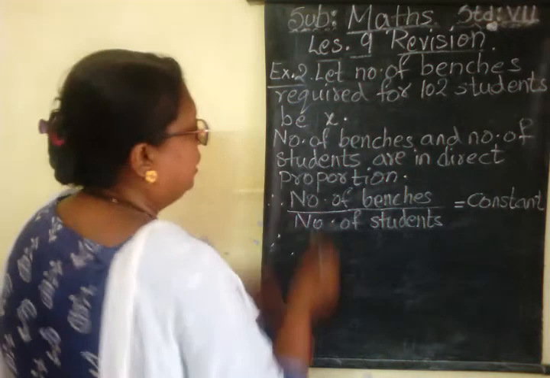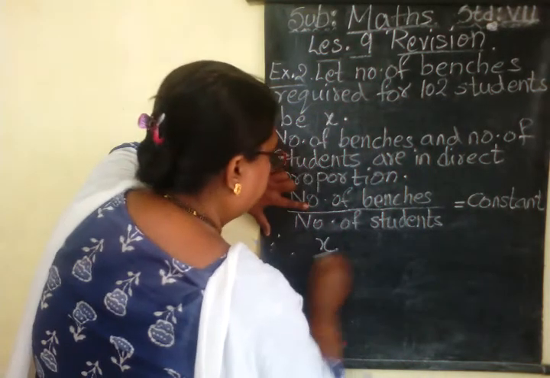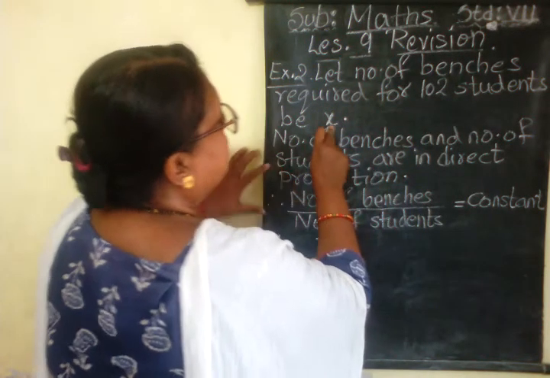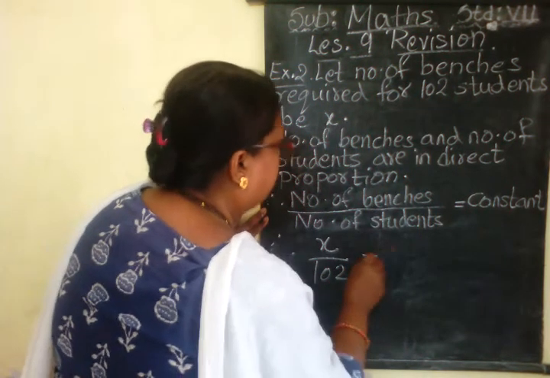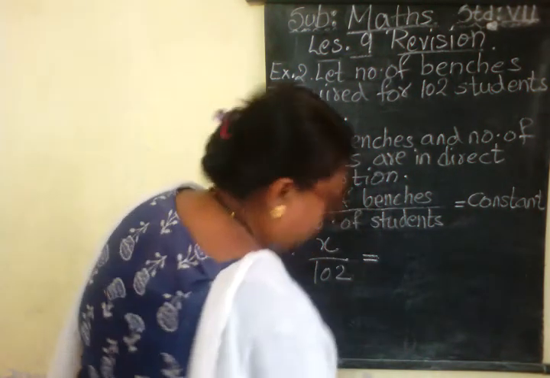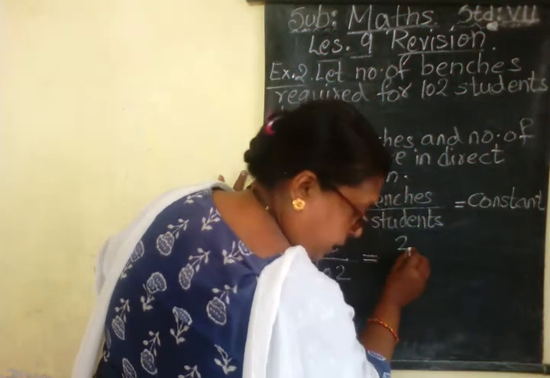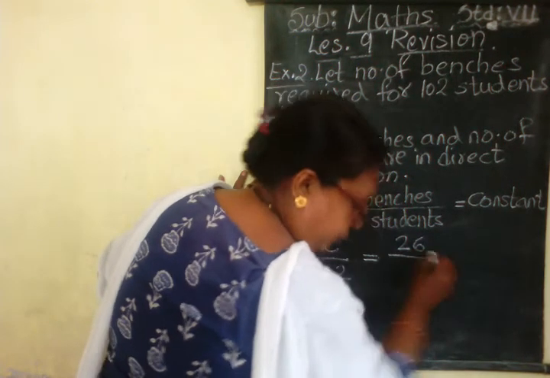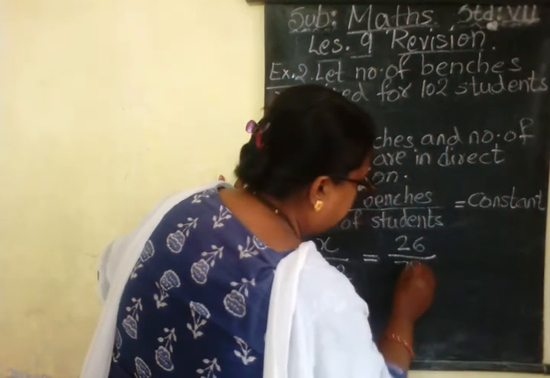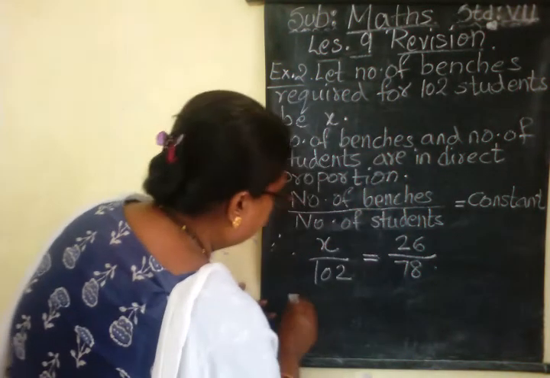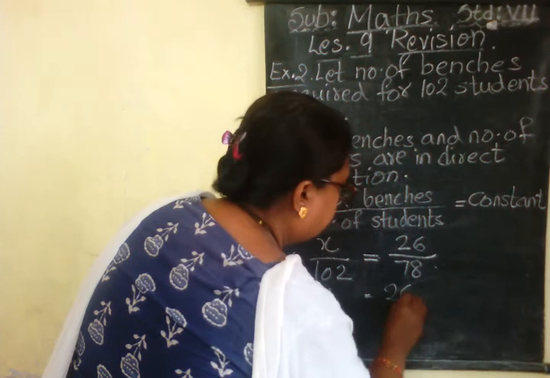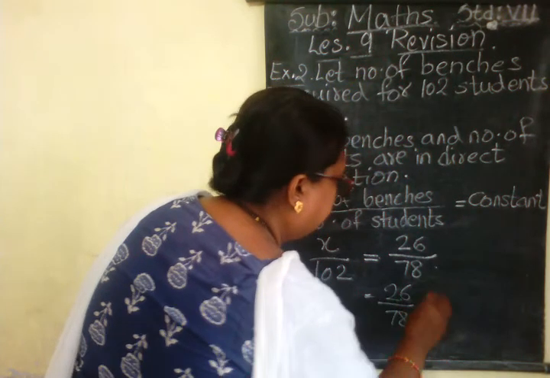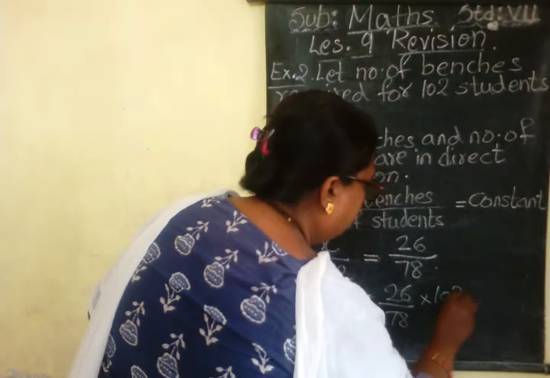Therefore, X number of benches required for 102 students will be equal to 26 benches required for 78 students, right? So therefore directly I will do X is equal to 26 upon 78 multiplied by 102.